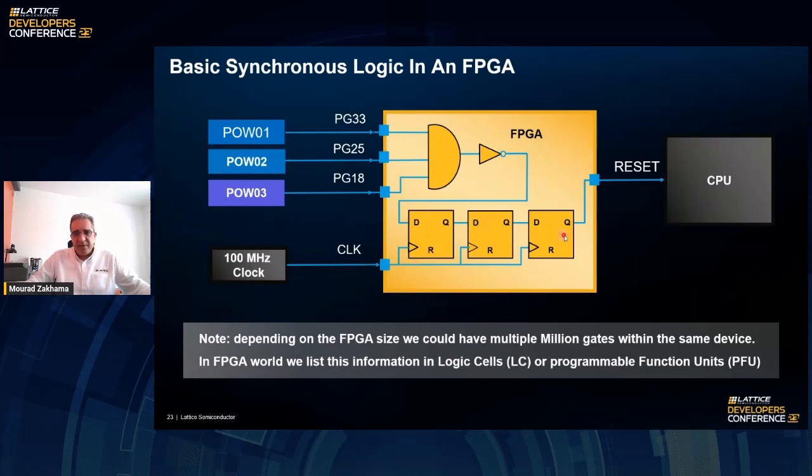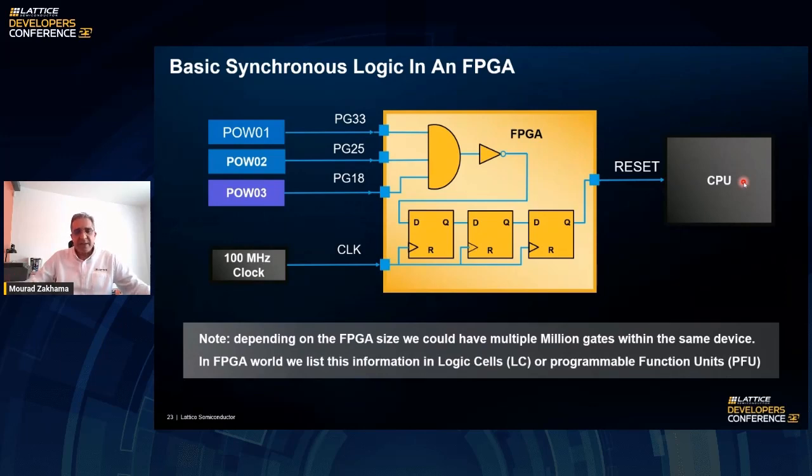And then these two flip-flops will provide the delay of 20 nanosecond, the minimum delay of 20 nanosecond. And then our output will go to the CPU. And this way we have a predictable, reliable design that will work for any technology and will always be operational no matter what you change if you specify the timing of the FPGA.